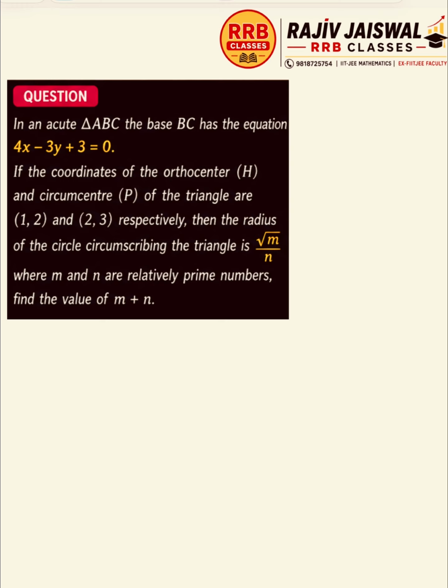This is an acute angle triangle ABC, and the orthocenter of the triangle is given, and the circumcircle is also given. Then we have to find the radius of the circumcircle of the triangle. So now let's solve this question.